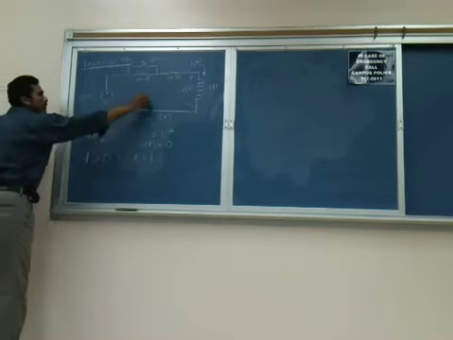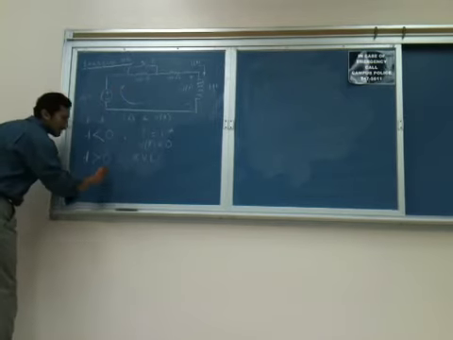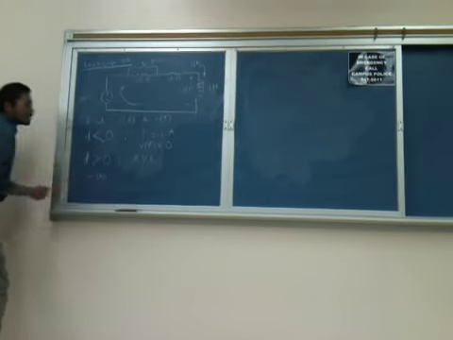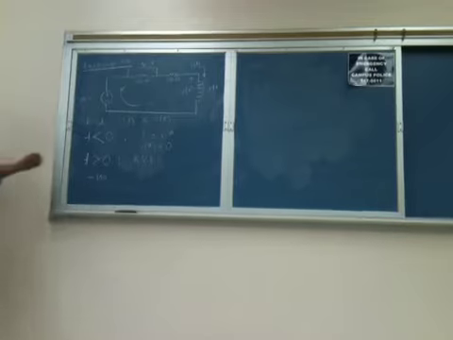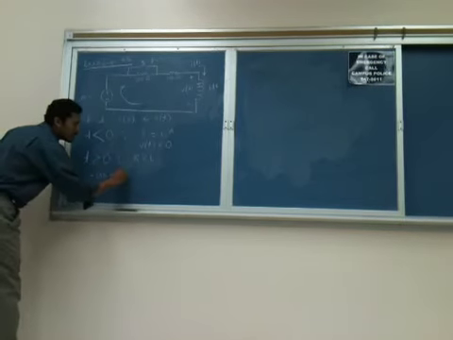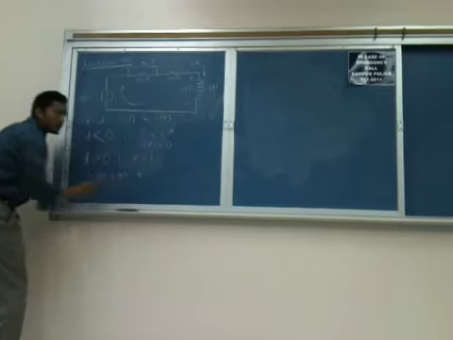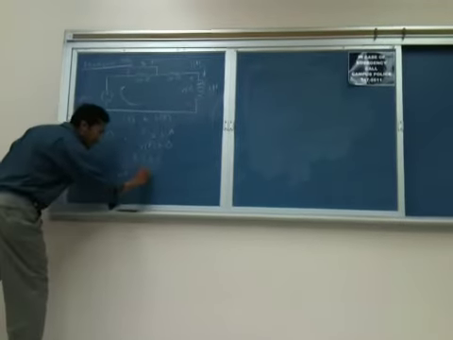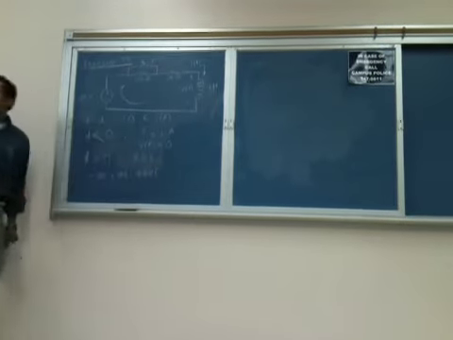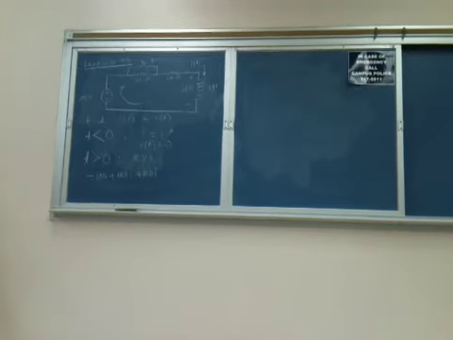Start from here. Negative 100 plus 100 times I, plus 100 times I. If you combine the resistances, it's going to be 200 times I. Same thing.